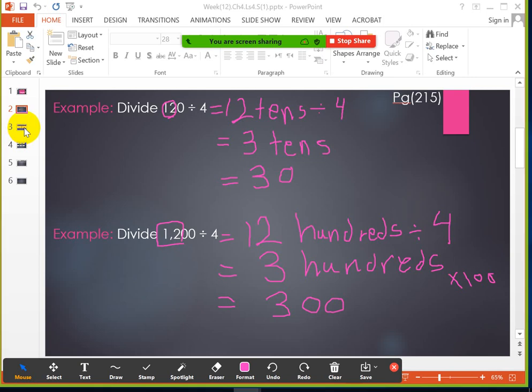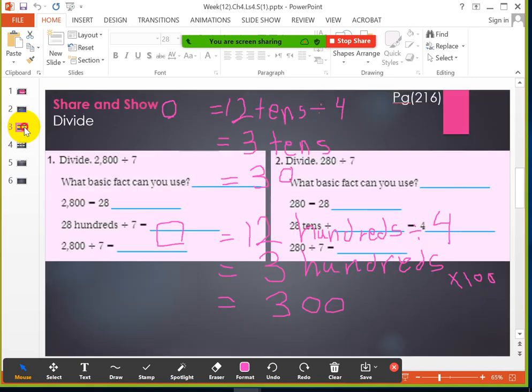Okay, let's continue now with page 216. So I will erase only those up. Here I want to divide on example 1 and 2.